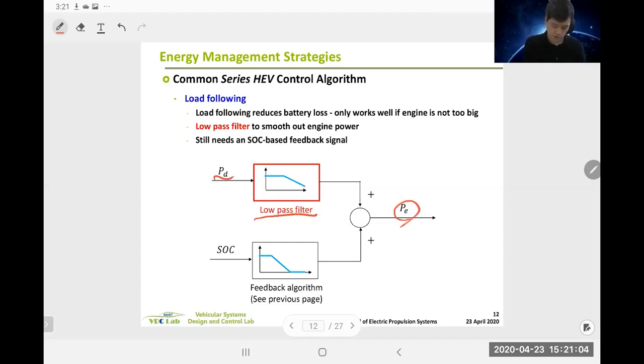The engine tracks power demand in a low speed sense. Any highly transient behavior in the power demand will be covered by the battery and motor, because the motor and battery are responsive.